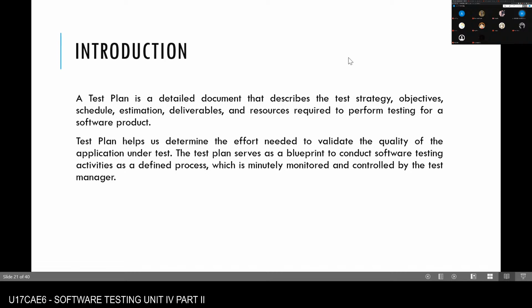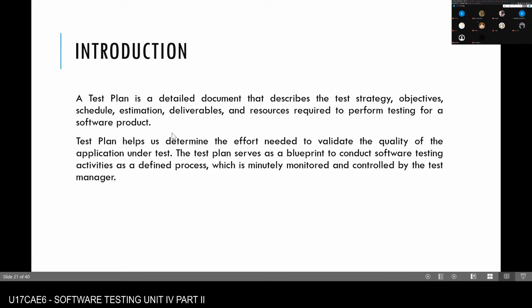So strategy means what you are going to test, or how you are going to test, or what you are going to target. Objective is the goals. Like for example, of course, to improve the quality or to improve the running speed. These may be the objectives. Schedule is the time frame. Estimation is the cost. Deliverables are the outputs.